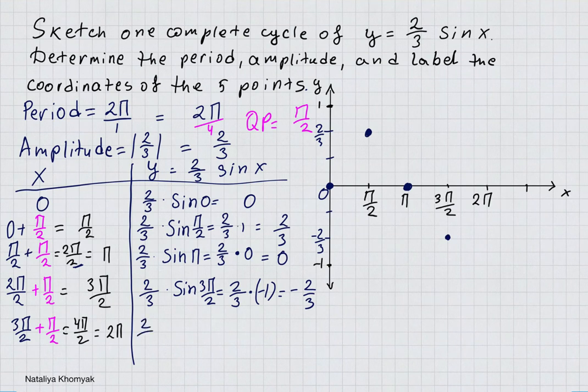We have 2/3 times sine of 2pi. If you remember, 2pi is coterminal with a 0 angle, so we get 2/3 times sine of 0, which is 0. So this value is equal to 0. And here we go. Now we just connect our 5 points with a nice little curve.